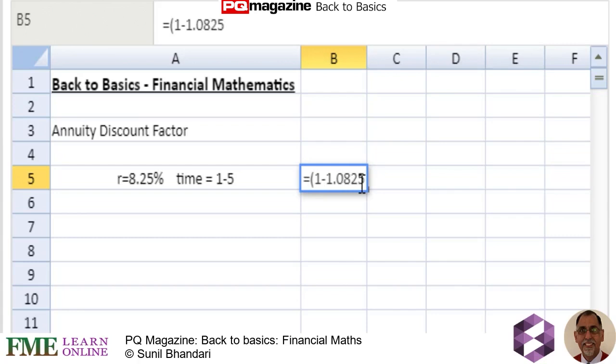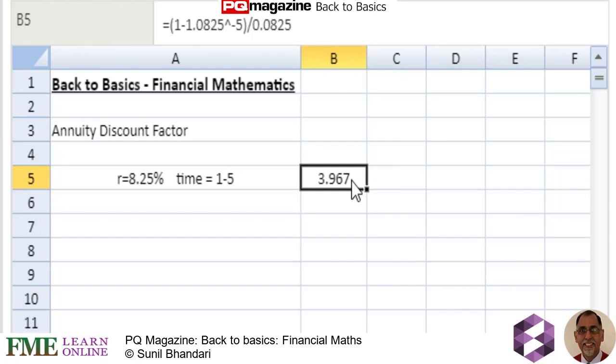I raise that to the power of minus 5 for 5 years. I close that particular bracket off. I then divide that by 0.0825 and I hit equals. And I get my annuity factor of 3.967.